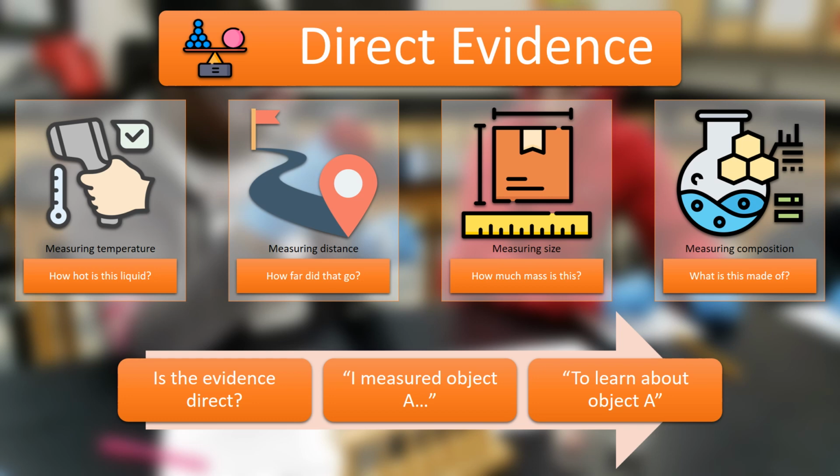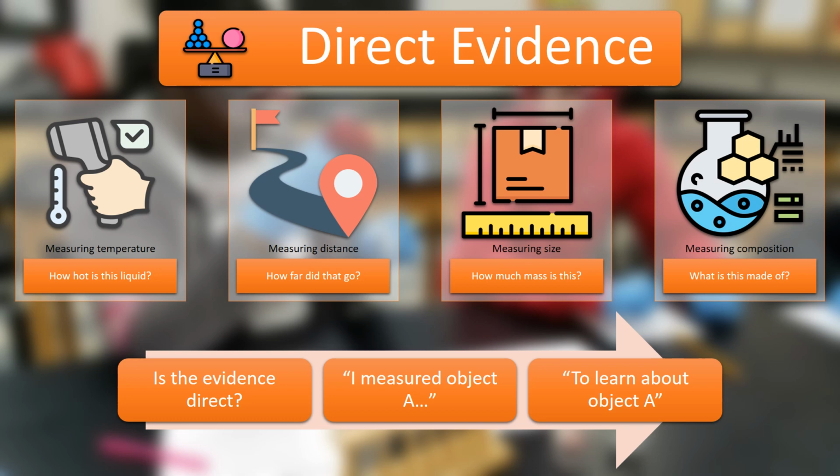If you measure how far something travels, well, that will make a direct measurement of that object. If you roll it down a hill, you can measure how far it goes. You measured object A to learn more about object A. You can measure the mass of something. You can see how big something is, how small something is. You can measure its volume. You can put it on a scale.